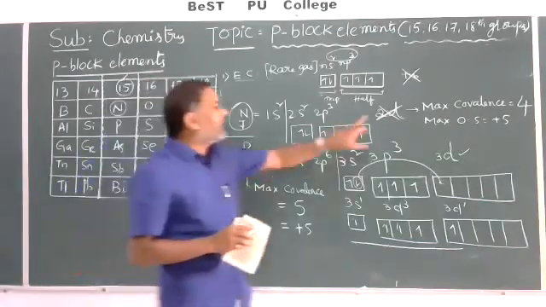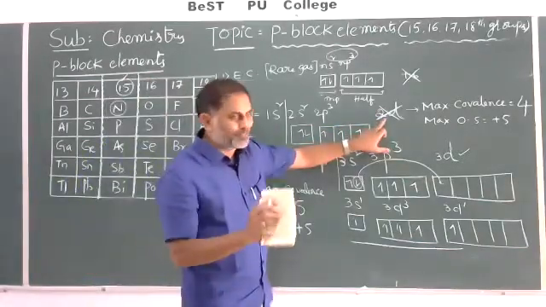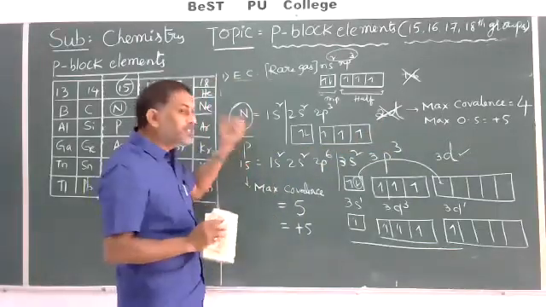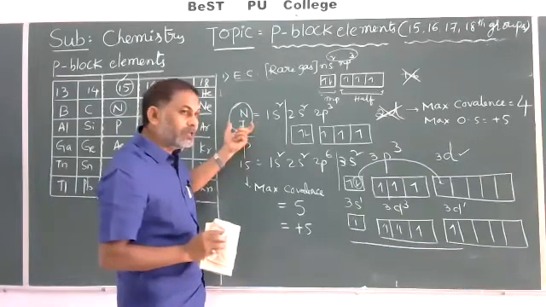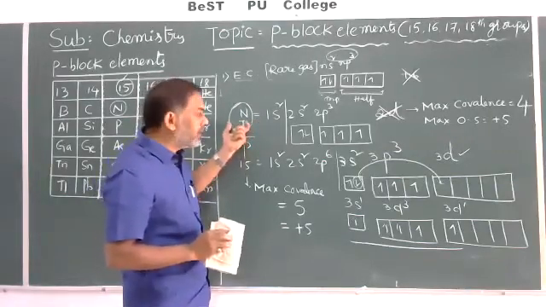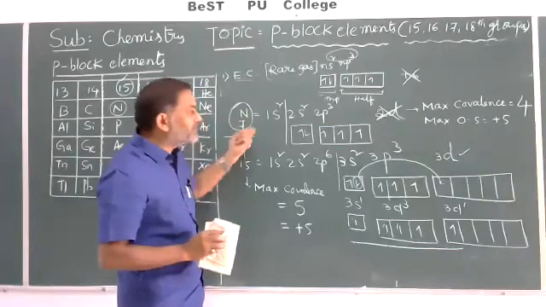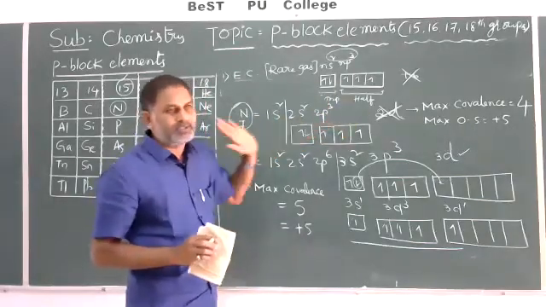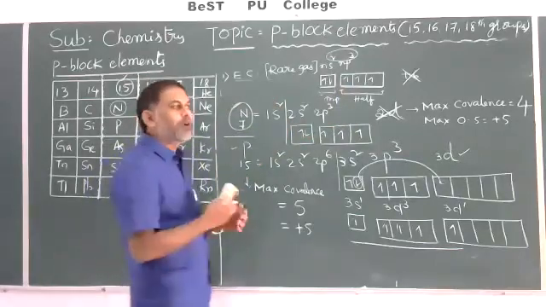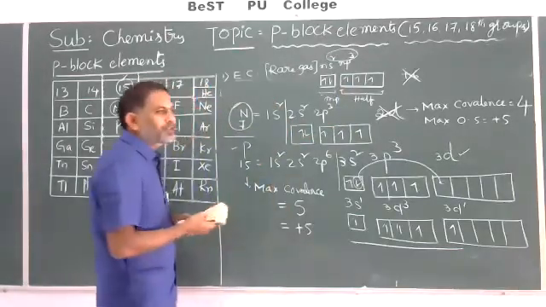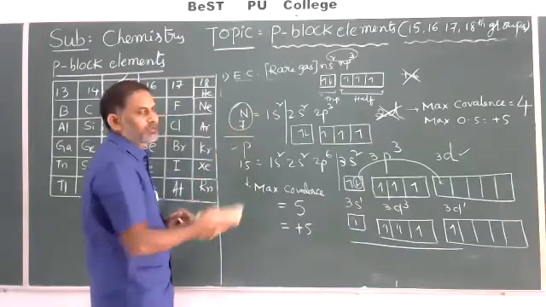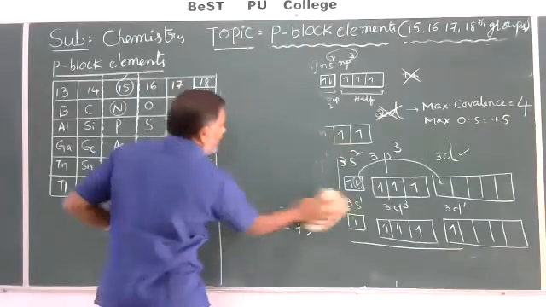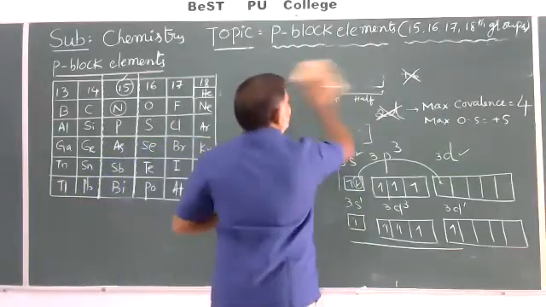Because of the unavailability of d orbitals. First, due to its small size: when size is small, electronegativity is more. Small size, more electronegativity and unavailability of d subshell. I'll explain those anomalous properties. This is just the introduction, explained up to here in the previous class. Then I'll start after electronic configuration, general introduction and occurrence of 15th group elements.